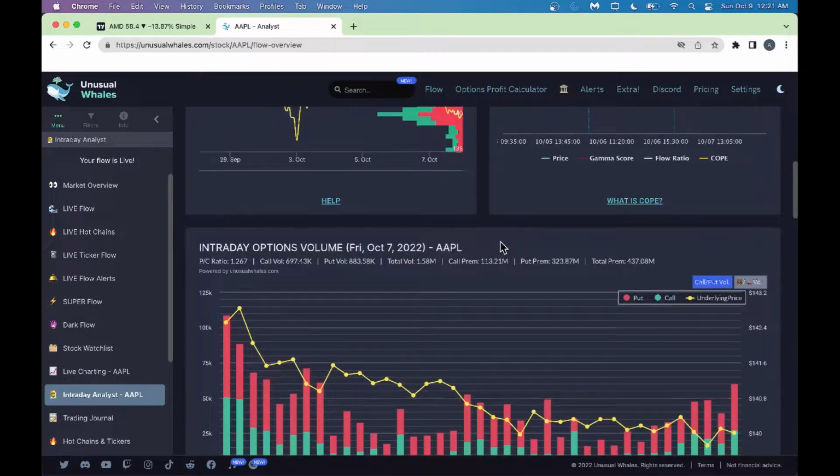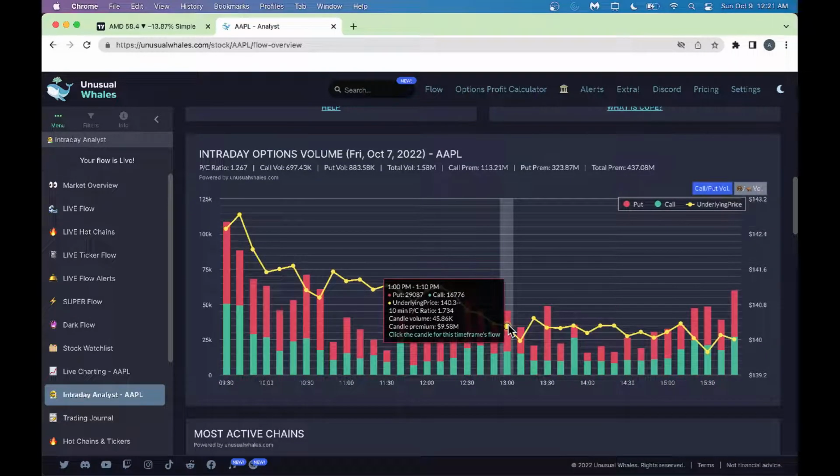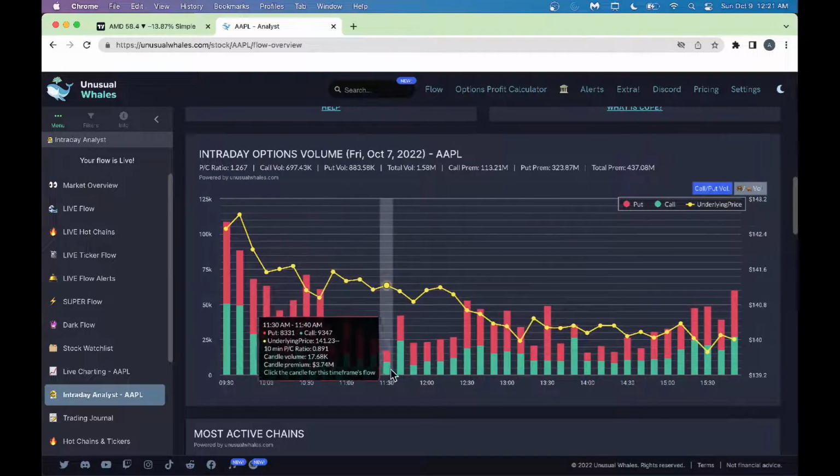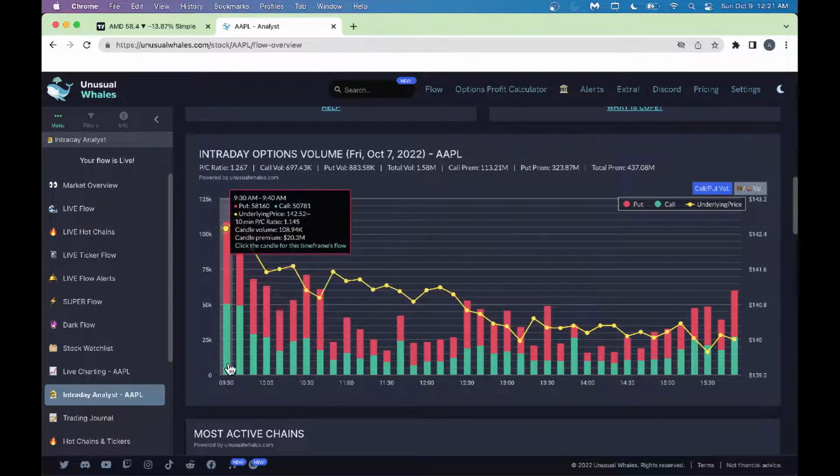And as you can see here, I love intraday option volume. It kind of tells you how the option is going as the day goes along. Look, 9:30 in the morning, a nice put option, call option volume here. It also tells you put call ratio. It's a very good tool.